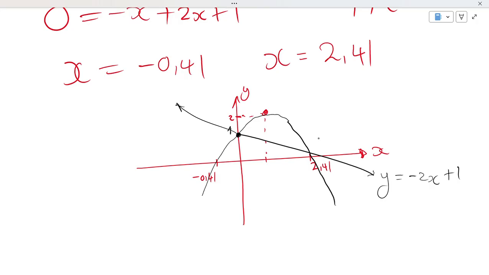And then they say find the points of intersection, or find A and B. In this case, A is simple. It's here. For B, how do we find this? Let me redraw it properly in a way that doesn't cause confusion. Let's say we have something like this.